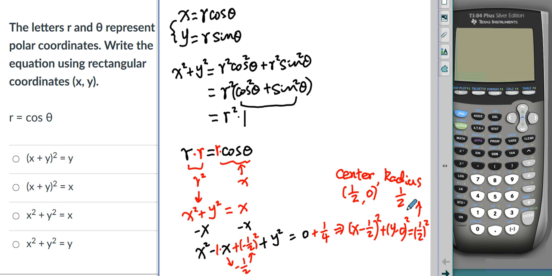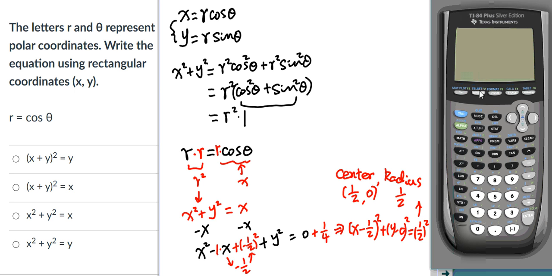That's the equation of the circle. Now, how do we draw this one? You see, we have a TI-84 calculator. Normally, when you press y equals, that's for the equation. How do you input r equals cosine theta?